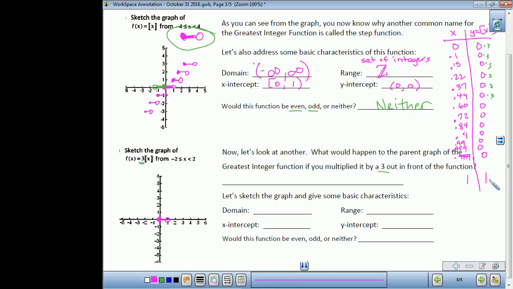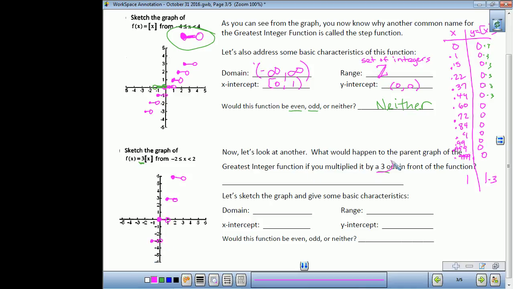But when I get right here and I multiply this by 3, my point is no longer at 1, 1, it's at 1, 3. So this little segment jumps up 3 units. And then the next one would be at 2, 6. And this one would be down here at -1, -3.